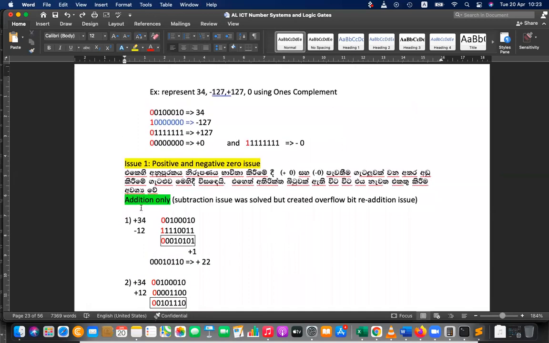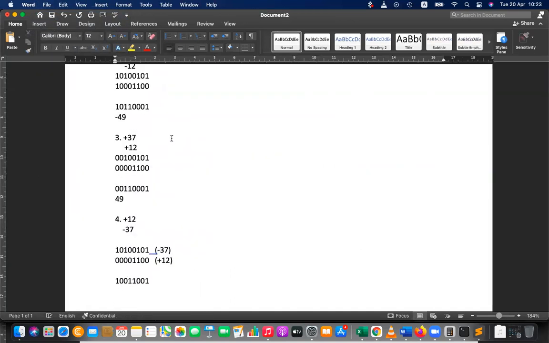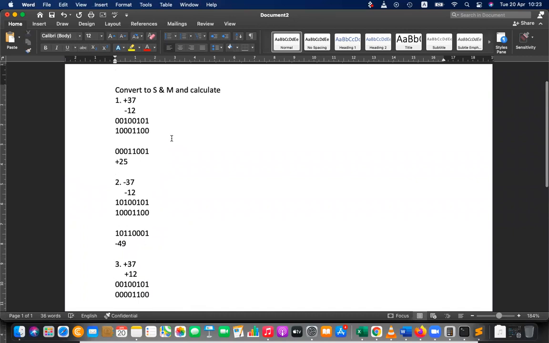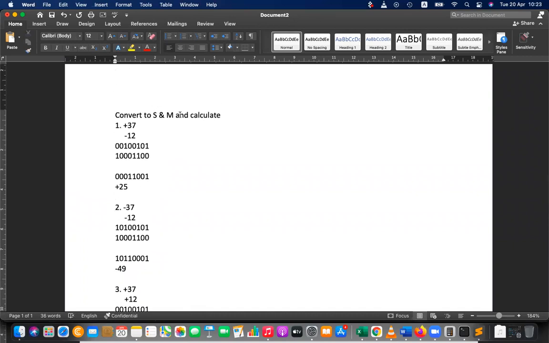I'm going to do the same calculations, this time using ones complement.